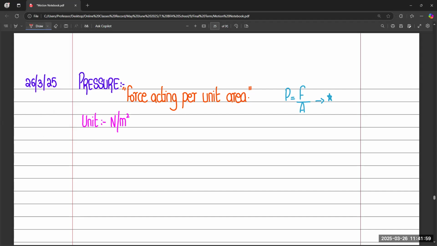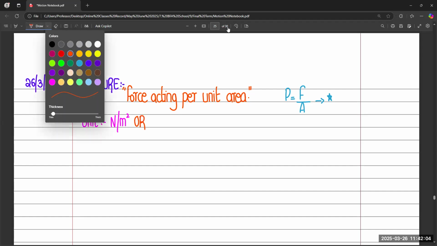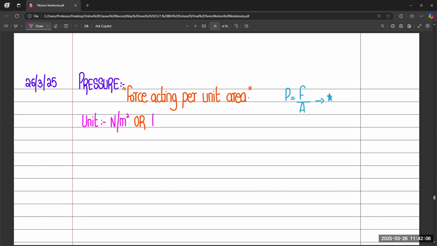But we use a different unit, which is pascals, Pa, because Pascal is the name of the scientist and we have a law related to Pascal's name. So that's why we use the name Pascal as the SI unit of pressure. So this is the basic definition and concept of pressure in solids.